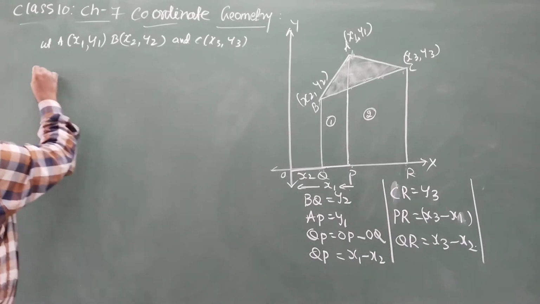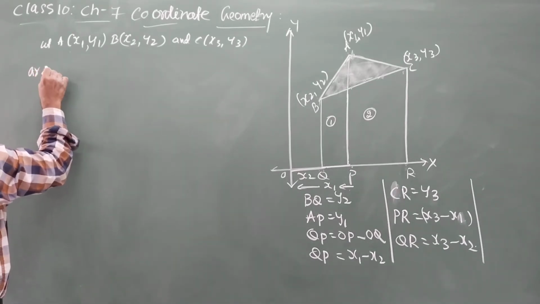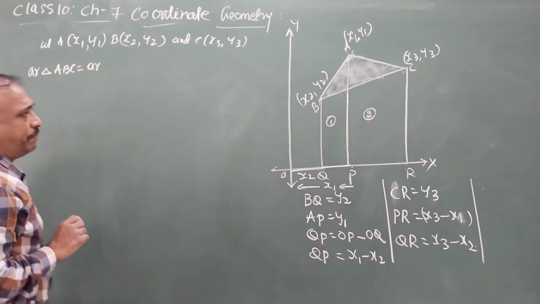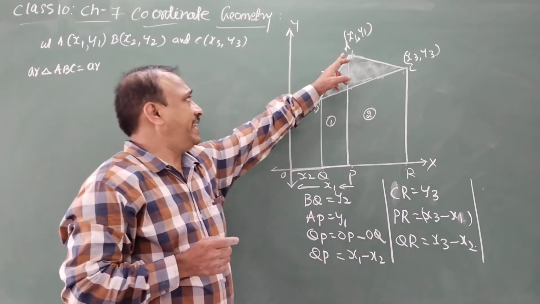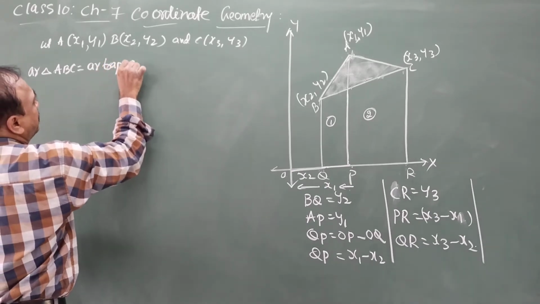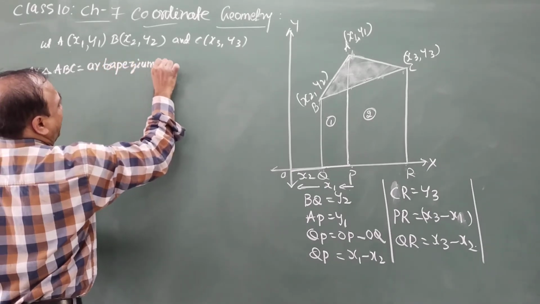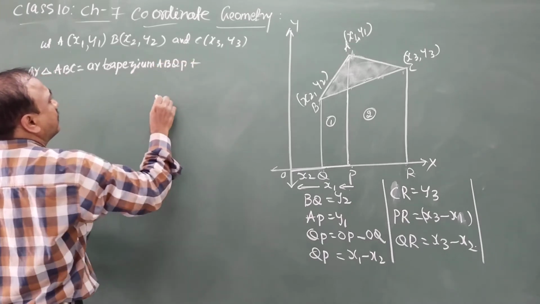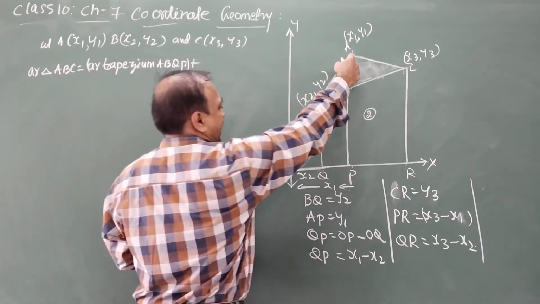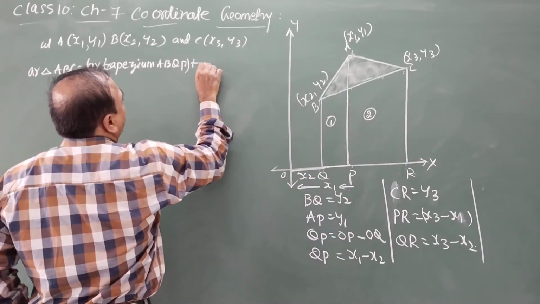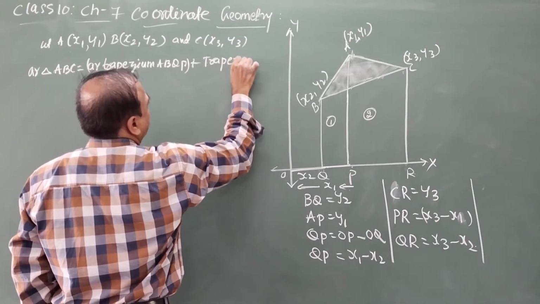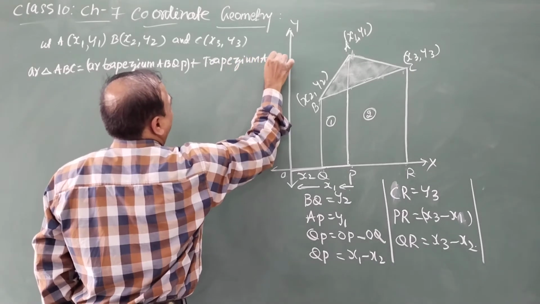The area of triangle ABC is equal to the area of trapezium ABQP plus the area of trapezium APRC.